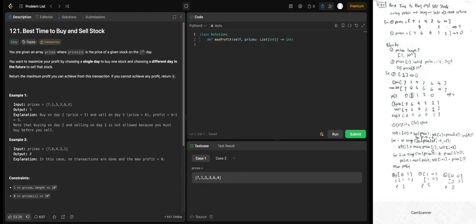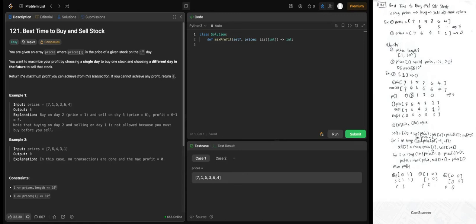Can I assume that the prices length is always at least two elements inside the prices array? Well, actually not. We could have 1 to 10 to the power 5 elements.